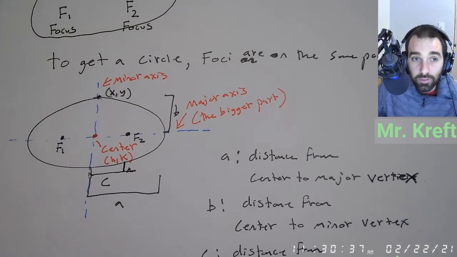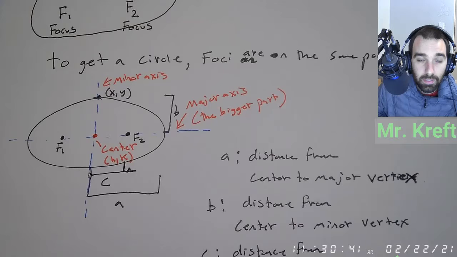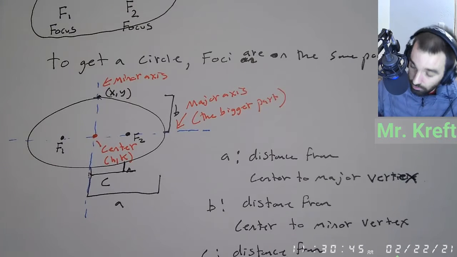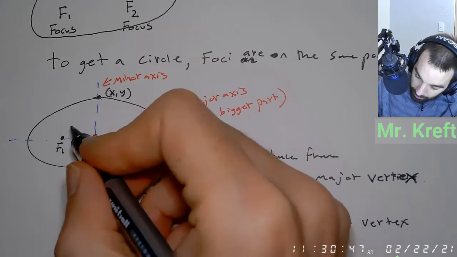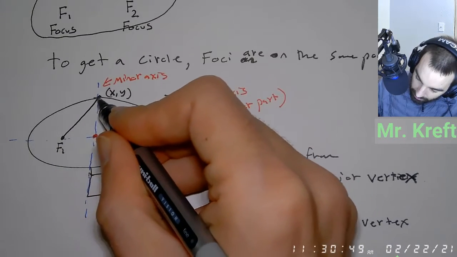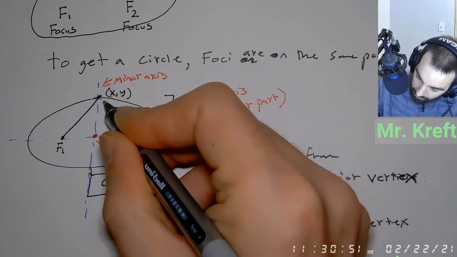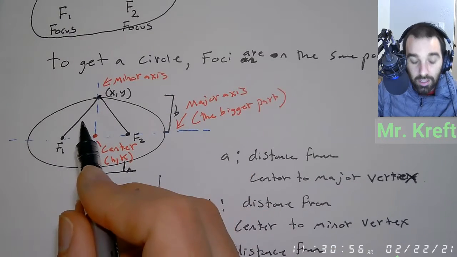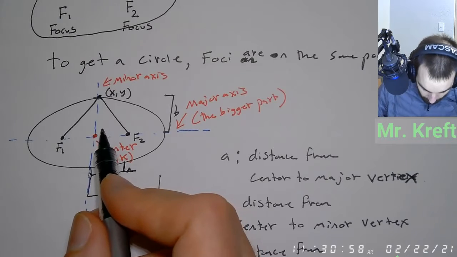Yeah, the foci will always be the same distance from the center. Yep. And there's a reason for that, and that's a great question. Remember that each point on the ellipse is going to be a sum of these two distances.